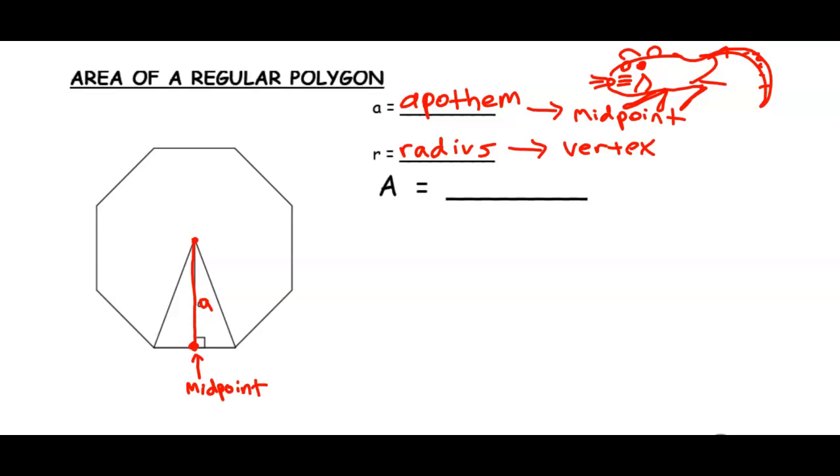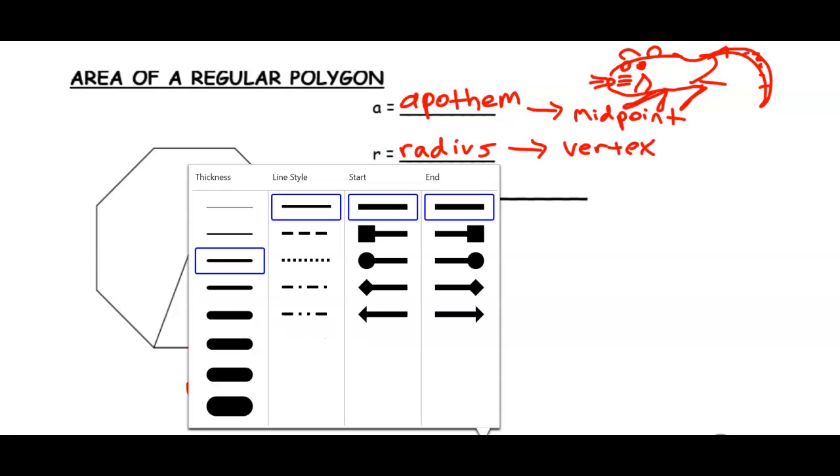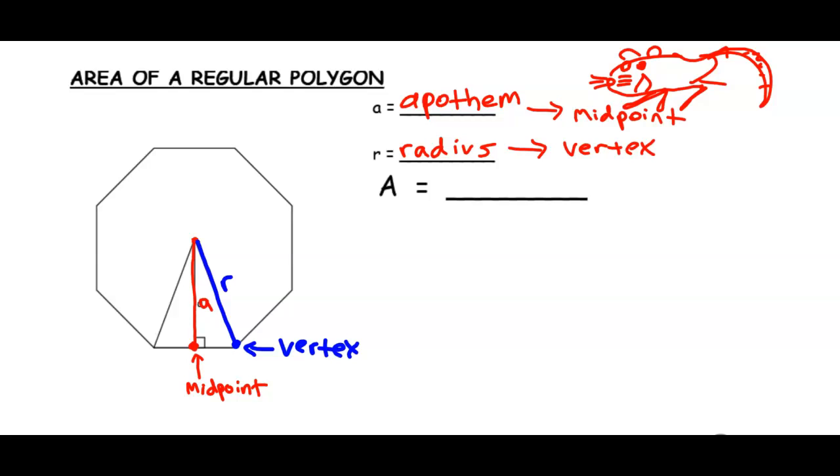I'll do this in blue. From here to here, that's the radius, and that goes to a vertex. Okay? So, it matters. You got to know the apothem goes from the center of a regular polygon to a midpoint on one of the sides.